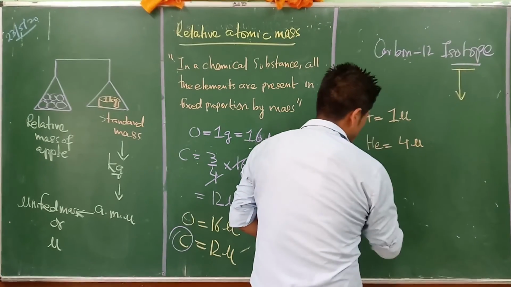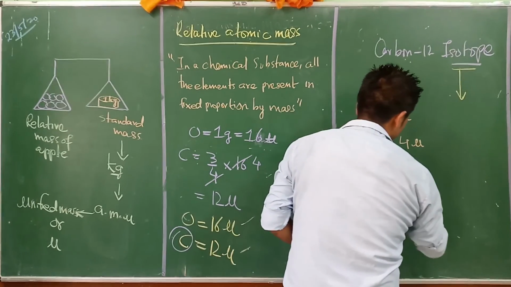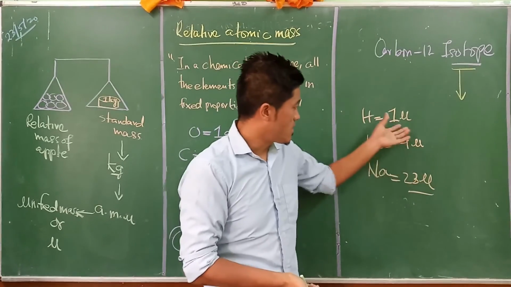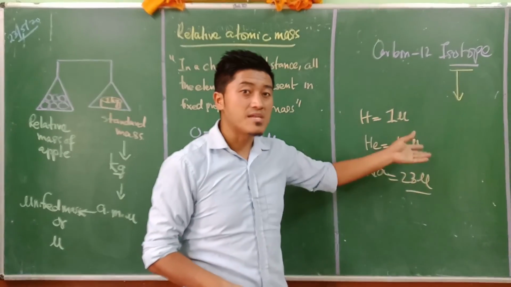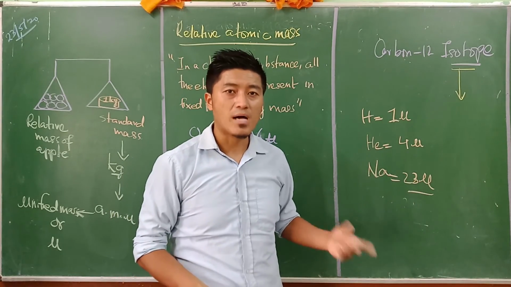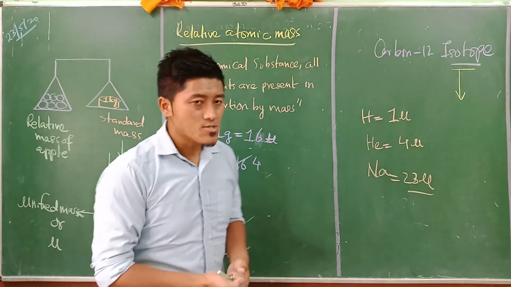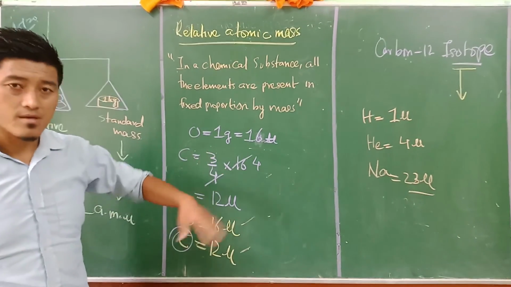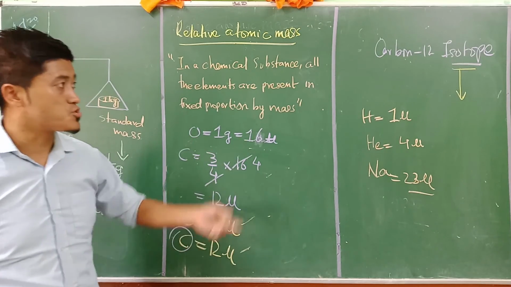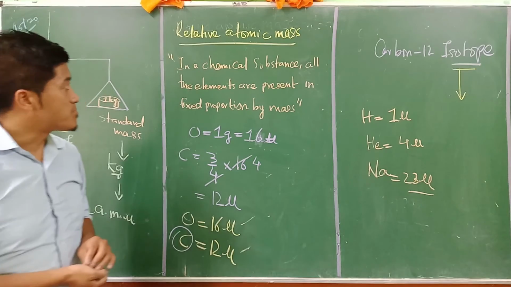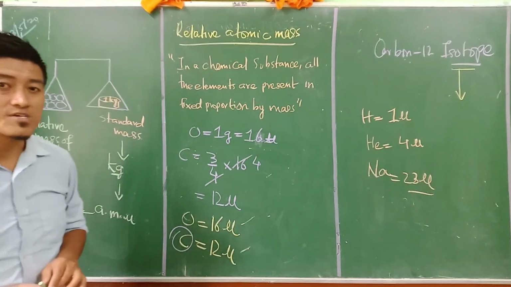For example, sodium is 23 U, and all these masses gradually laid the foundation for another kind of value called mass value or mass number. Understand? So relative atomic mass means the mass of the atom relative to, or in comparison to, the carbon-12 isotope. So this is the portion of today's topic, that is relative atomic mass.